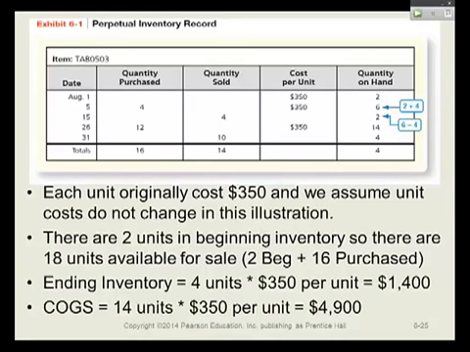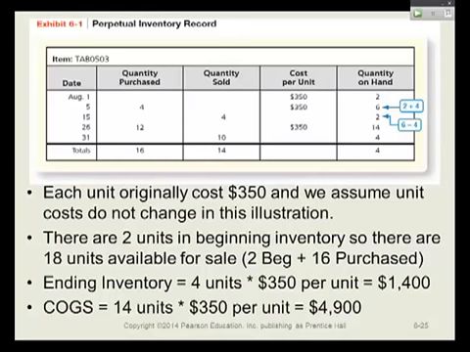If we look at the allocation, if you had 18 units, and I see people copying this, I won't take it off right now, if you wanted this in dollars, you have goods available, your investment in inventory is about $6,300, and the 14 units that you sold are going to be $4,900, and the ending inventory is 4 units at $3.50.